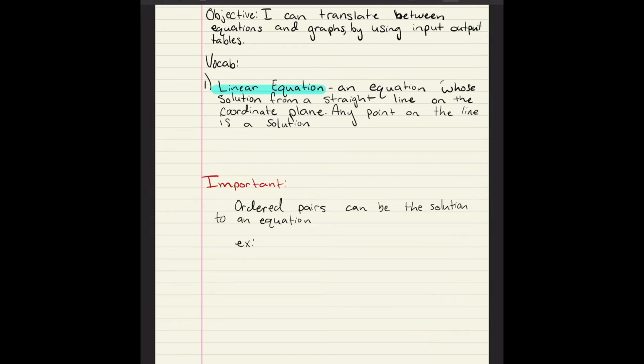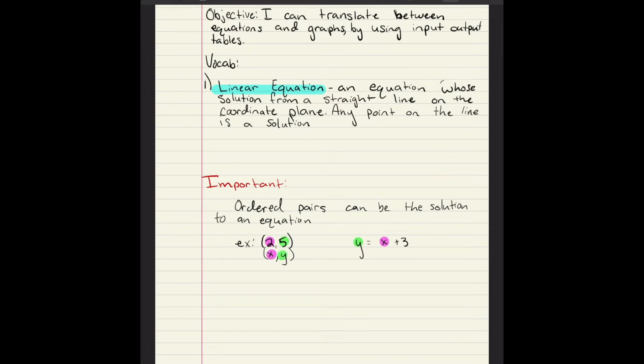Alright, so it's important to remember that ordered pairs can be the solution to an equation. So for example, if we looked at 2 and 5, and we had the equation y equals x plus 3, our 2 could be our x, and our 5 is our y, because remember, an ordered pair is x, y.